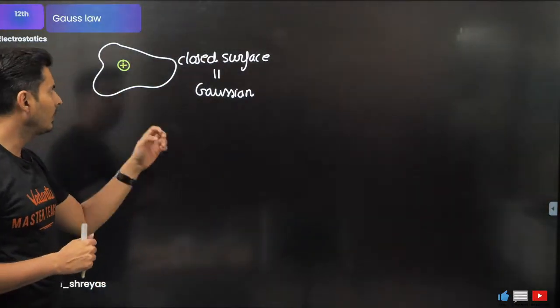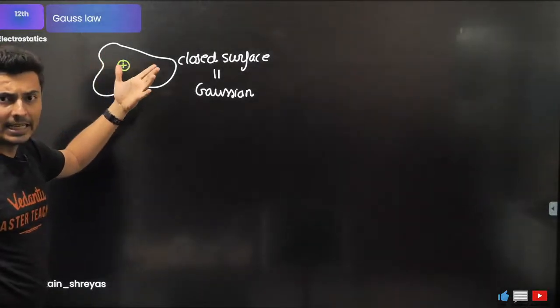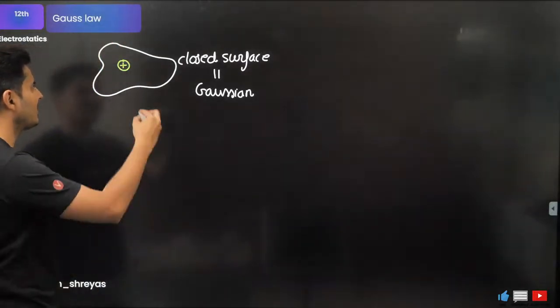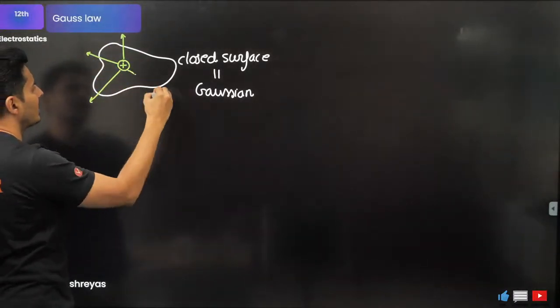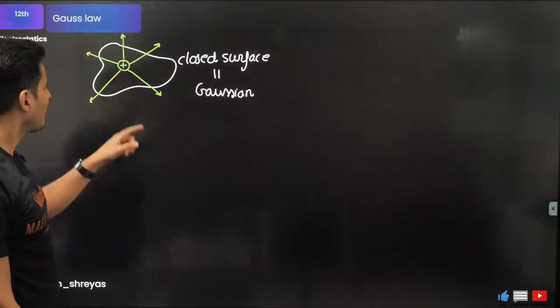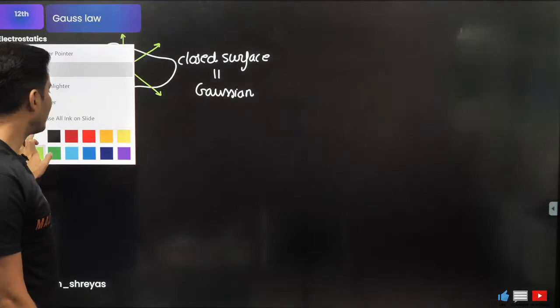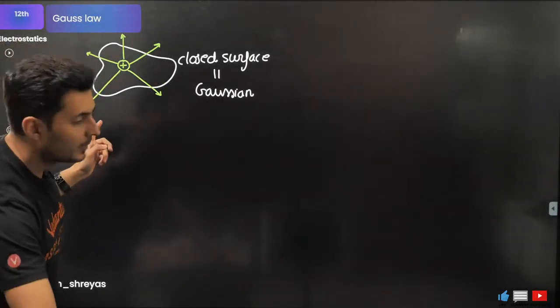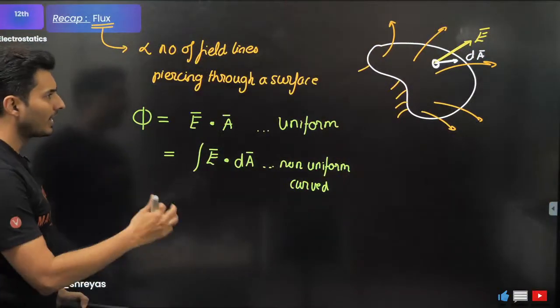Now, if I tell you, is there any field which is cutting through the Gaussian surface? I think so. Like you can see, there are these electric field lines which are cutting through it. So, if I ask you, is the flux positive or negative, you will remember the sign convention which I have told. In case you do not remember that, I will write it back over here.